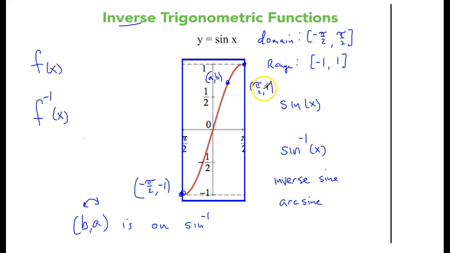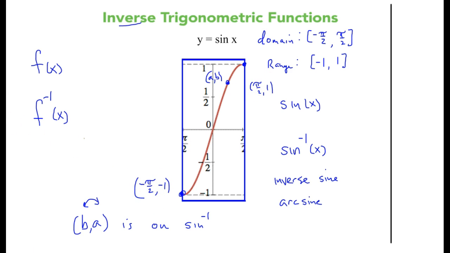So if I flip it around, I'll have (1, pi over 2). So negative pi over 2 was the smallest x, positive pi over 2 was the biggest x, negative 1 and positive 1 were the smallest and biggest y's. If you flip those around, the x becomes the y and the y becomes the x.